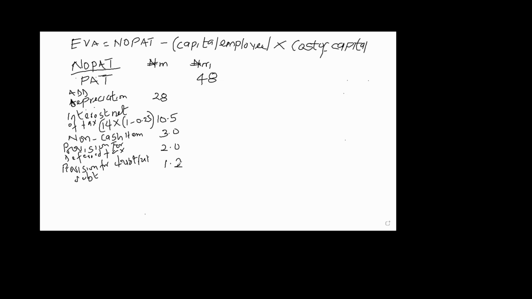What I noticed with this topic is, to some extent, it is testing your knowledge of accounting principles. So these are the items to be added back. You now come to items to be deducted.